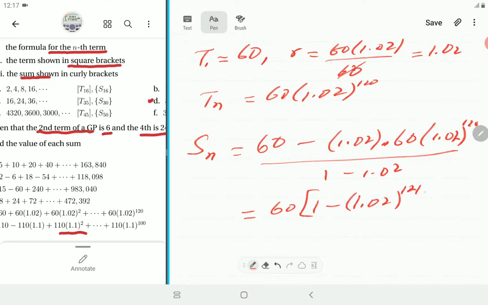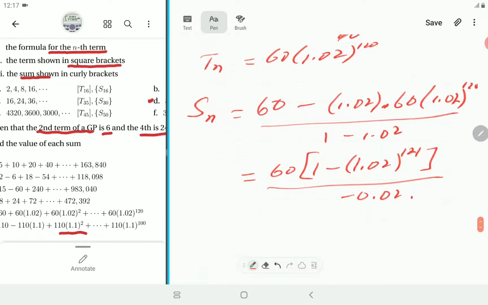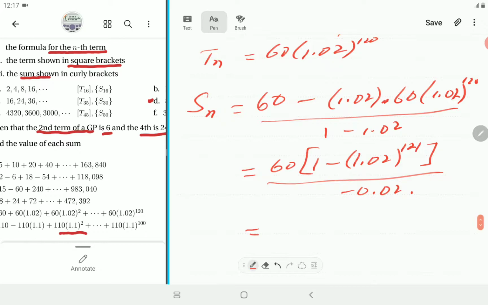So this is going to be 121 now, divided by 1.02, 1 minus 1.02, which you can simply write as negative 0.02. Then we're going to punch this in the calculator.